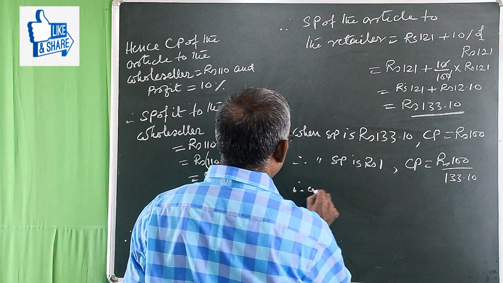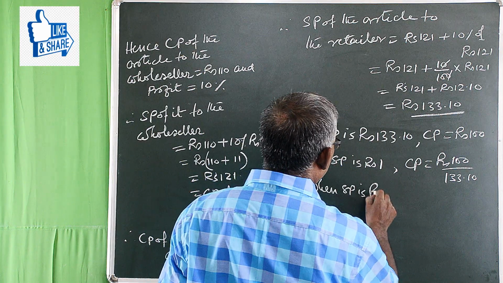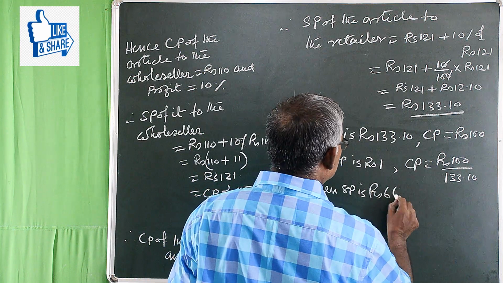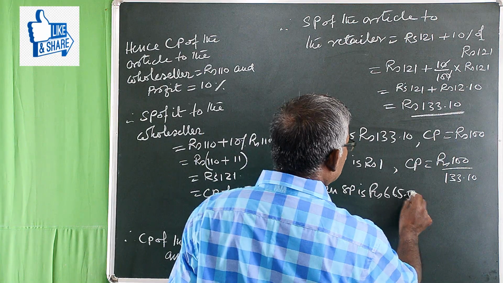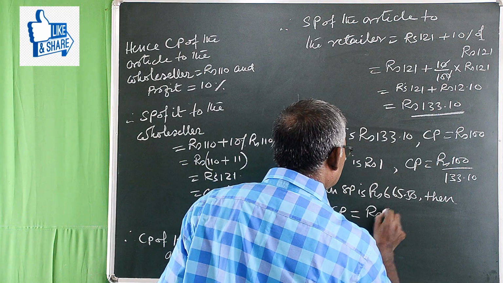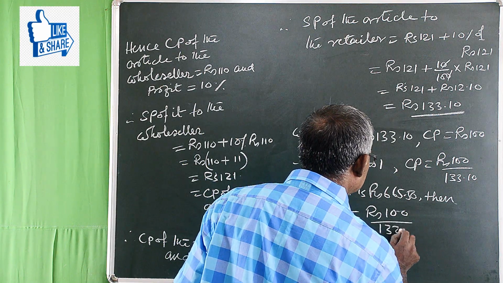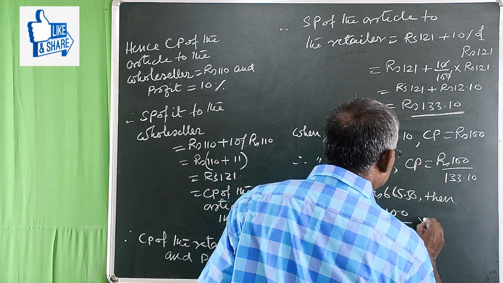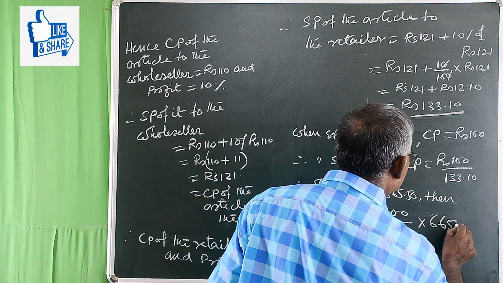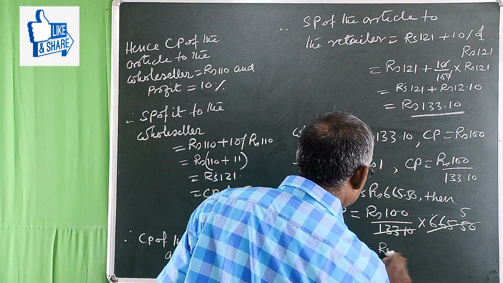Therefore, when SP is rupees 665.50, CP equals rupees 100 by 133.10 into 665.50. So it is rupees 500.